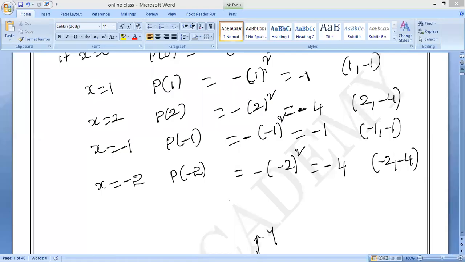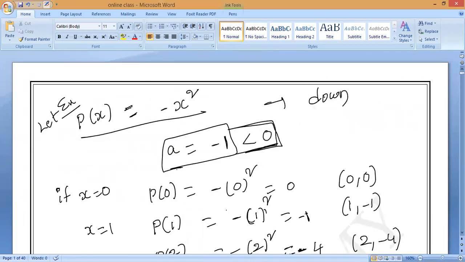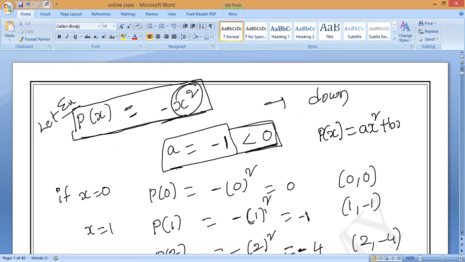A value. See this example. P of x equals minus x square, correct? What is the x square coefficient, Ra? In this case, what is it? What is the general form of the quadratic equation? P of x equals ax square plus bx plus c.